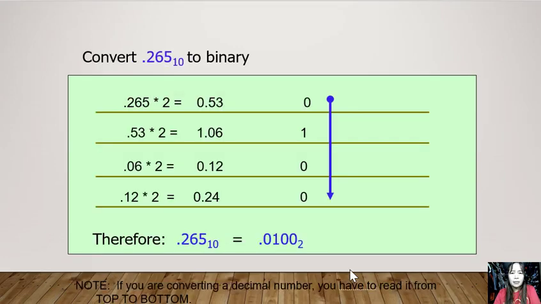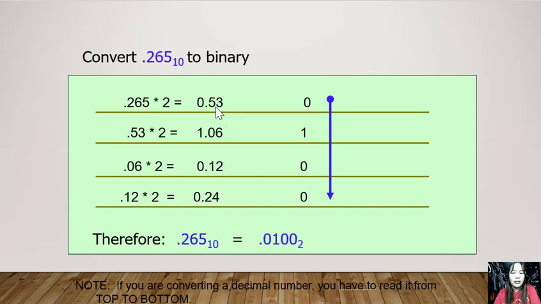For our second example, let's say that instead of a whole number, you have a fraction, which is 0.265. Because it's not a whole number, you multiply it by 2. So 0.265 times 2 is 0.53.